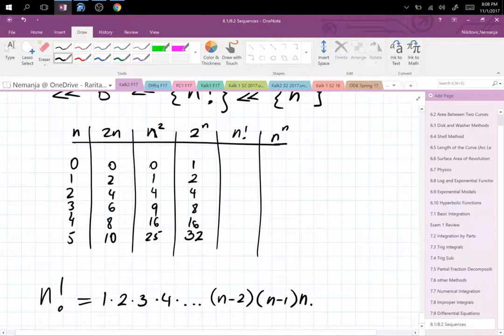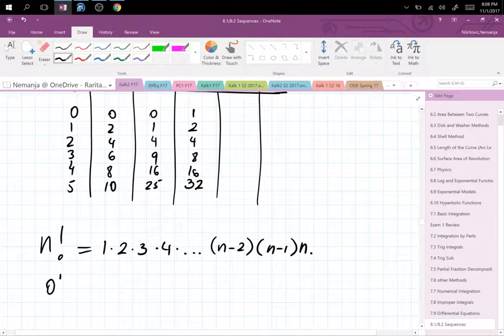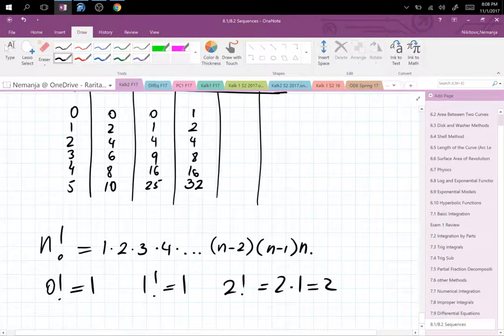So 0 factorial is 1, 1 factorial is 1, 2 factorial is 2 times 1, which is 2, and so on. 3 factorial is 6, then 24, and then 120.